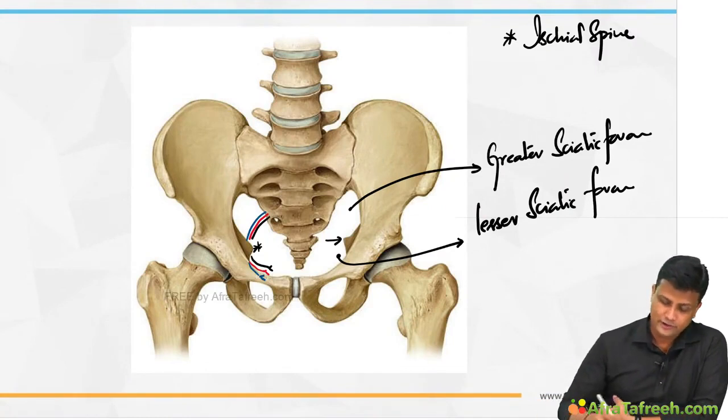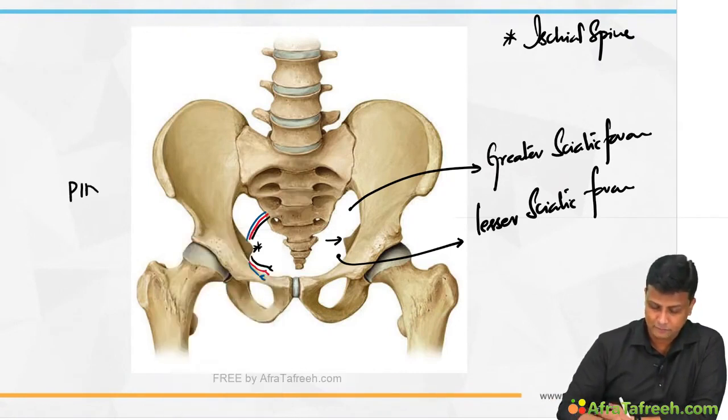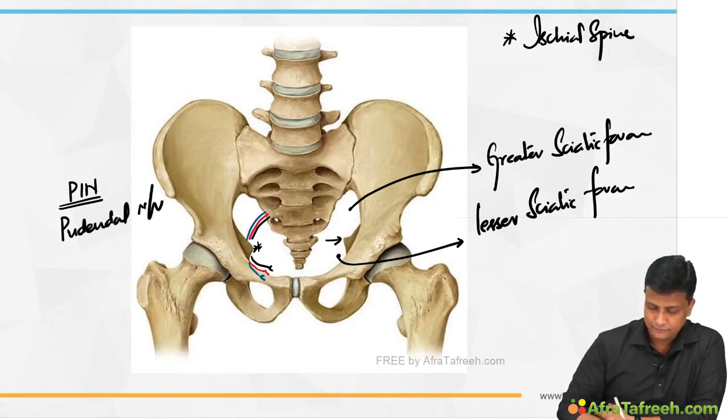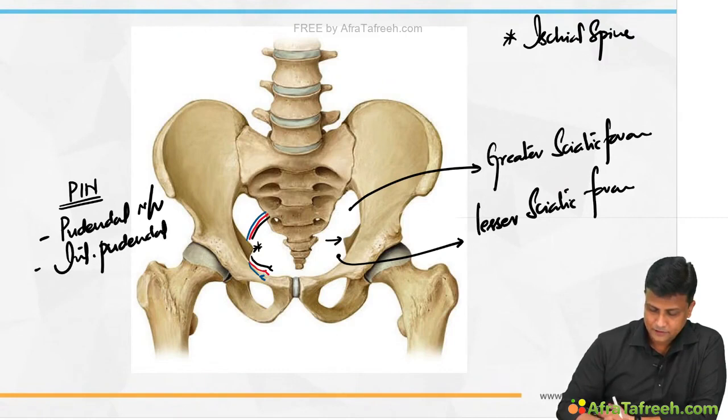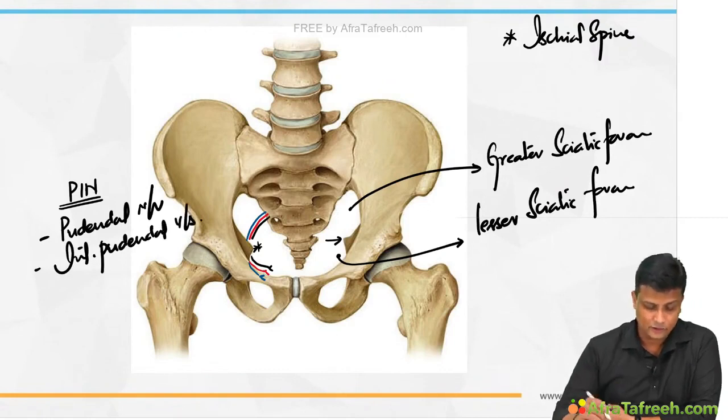I hope you remember the very famous mnemonic here, your PIN. PIN, sir. P stands for pudendal nerve, and I stands for internal pudendal vessels, both artery and vein, which are going to take a turn.